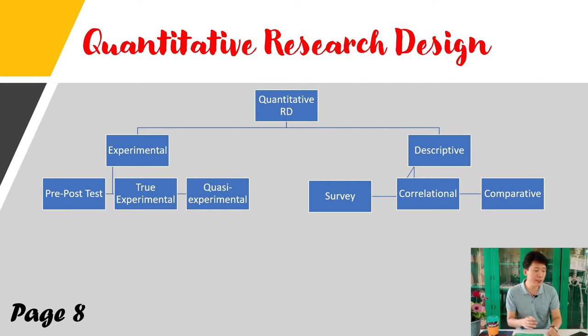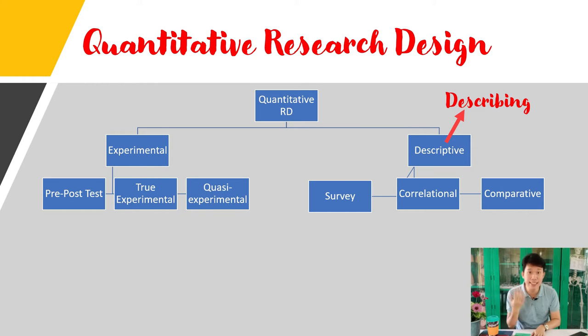So, ano ang mga lain-lain ng research designs nga ni? If you will open your module still on page 8, makita nyo dira nga may ara kita sang framework nga nakabutang dira. Quantitative research designs are divided into two major groups, the experimental and the descriptive research designs. Magamba kita class nga descriptive, from the root word describe, you are just describing what is happening sa imo nga ginatun-an or imo gina-researchan.